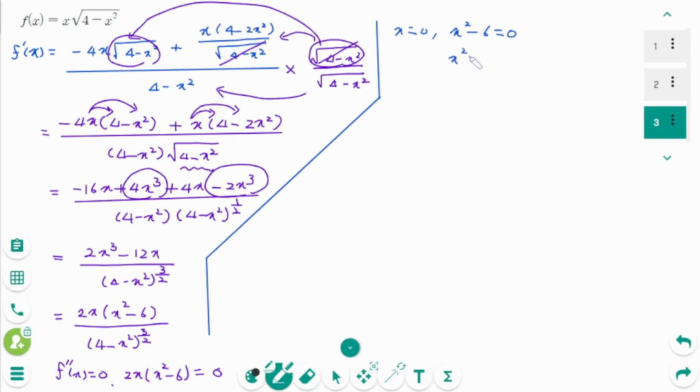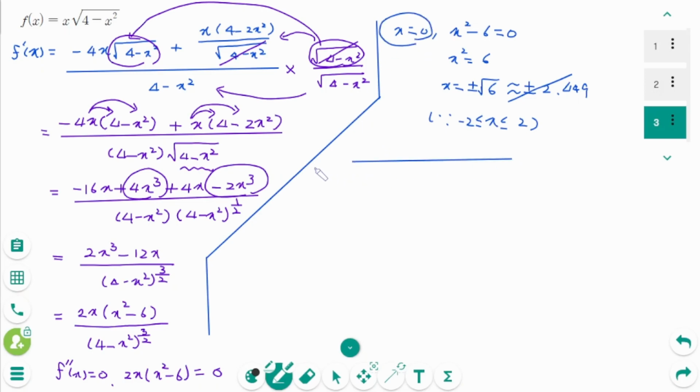That means x squared equals 6. x equals plus or minus square root of 6, rounded to plus or minus 2.449, and is rejected because of the domain, x is from minus 2 to 2. Then check about x equals 0.